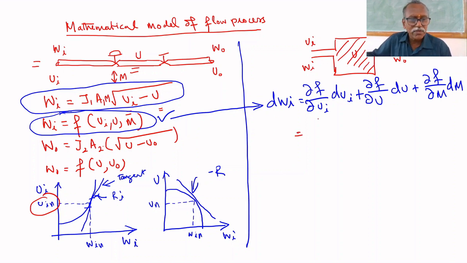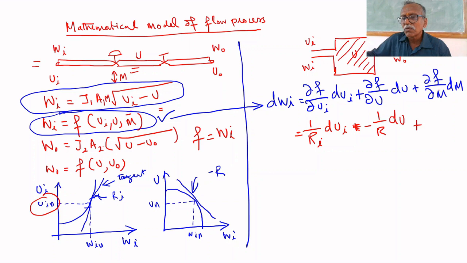The value of dou f by dou Ui is 1 by Ri, because f equals Wi. Dou f by dou U is minus 1 by R, therefore minus 1 by R dU, plus dou f by dou M is the valve gain, change in flow rate with respect to opening, therefore Kv dM.